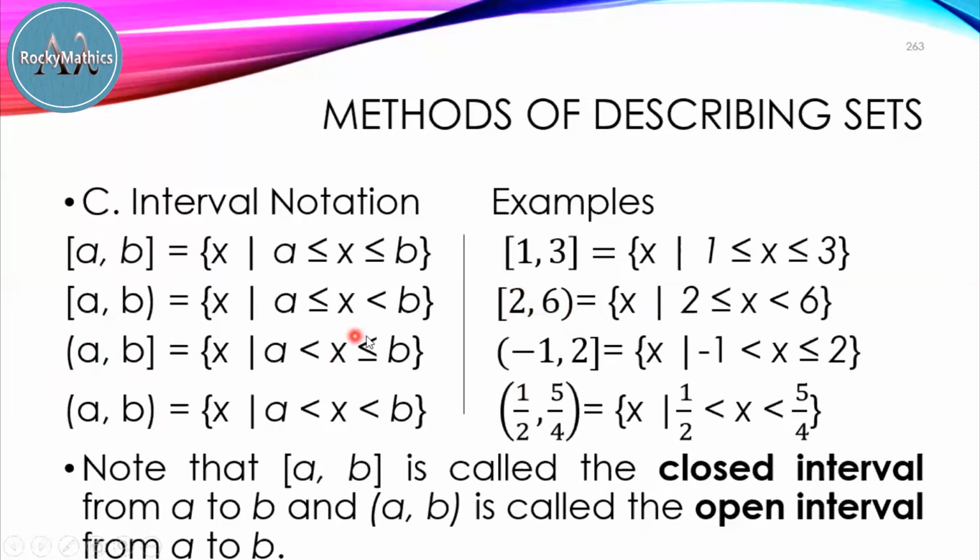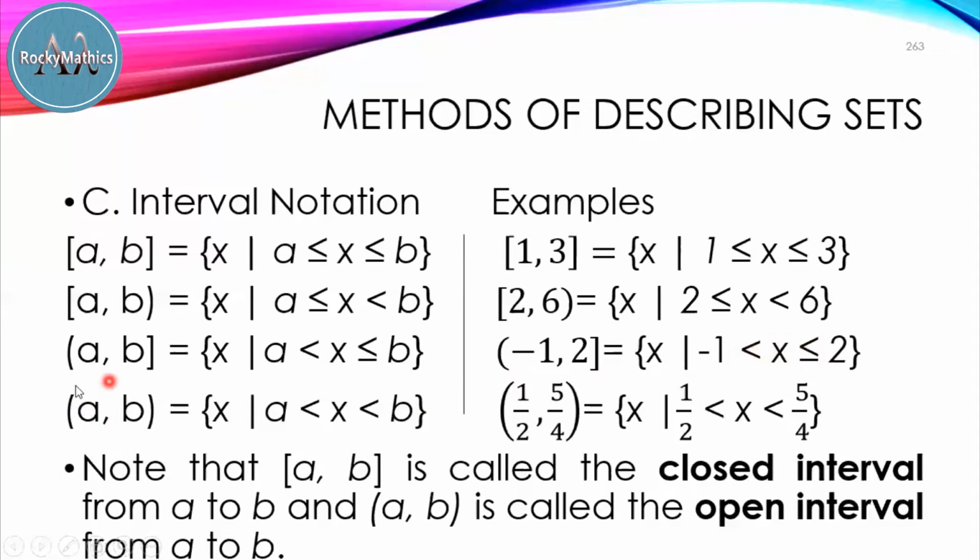So since B is included, in set builder notation we have x less than or equal to B, but greater than A. For our example from -1 to 2, where 2 is included but -1 is not included, in set builder notation this is written as x less than or equal to 2 but strictly greater than -1.